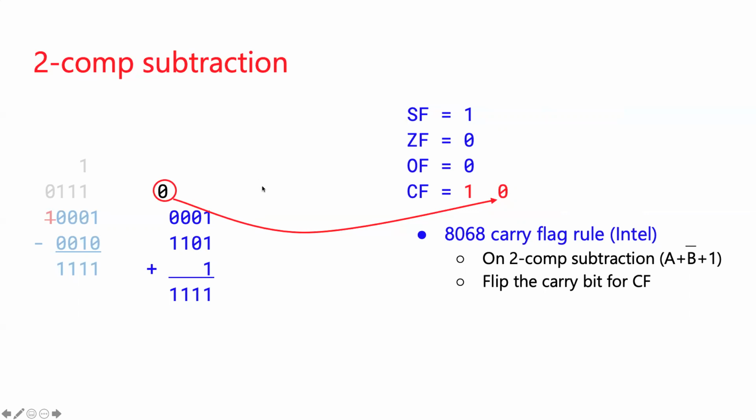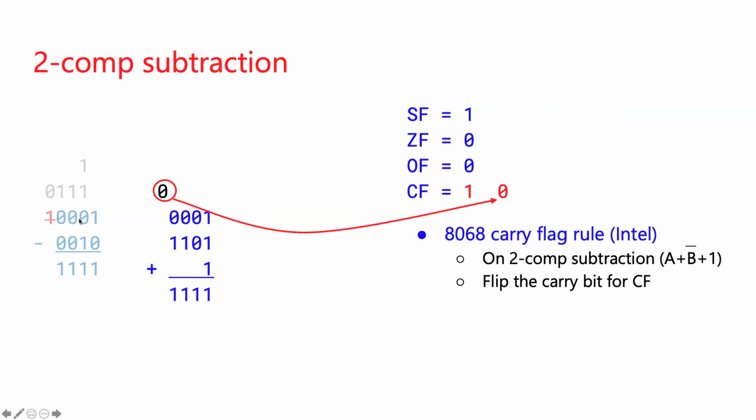For ARM, you're going to get the carry bit like you had done the subtraction like this, not flipped. So if you do a subtraction, the carry bit is going to be 0 if there was a borrow, and it's going to be 1 if there wasn't a borrow.